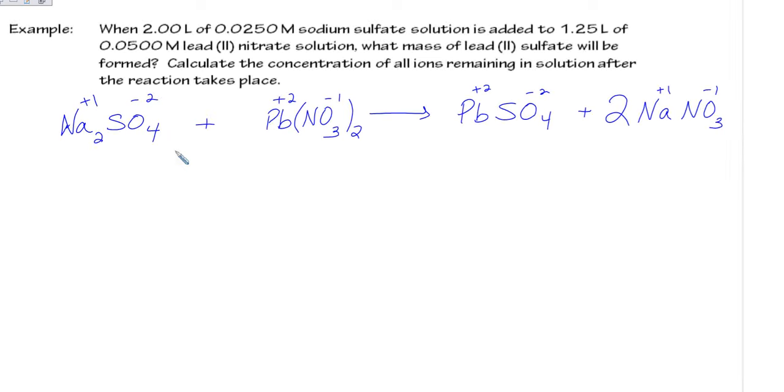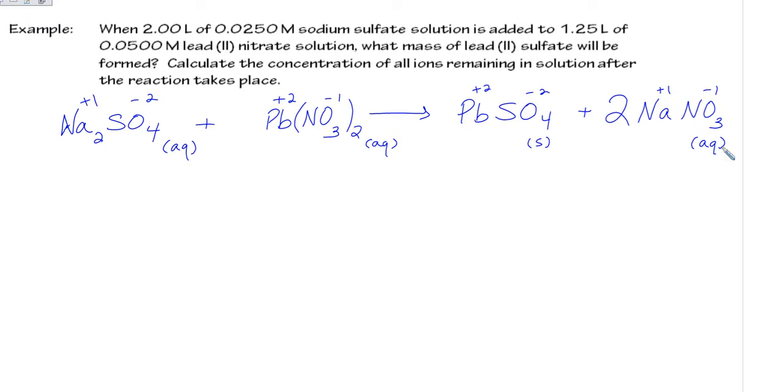These originals were aqueous. Aqueous. This lead sulfate is going to be my precipitate, because I know anything with sodium and anything with nitrate is also aqueous. Oh, well, that's not so bad.